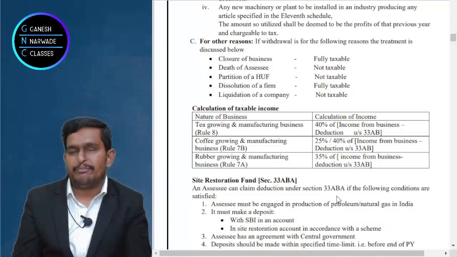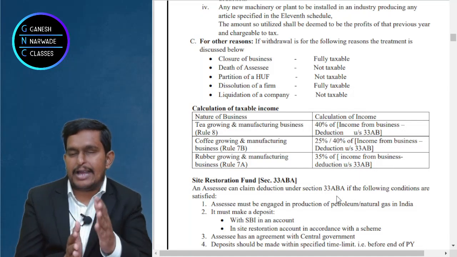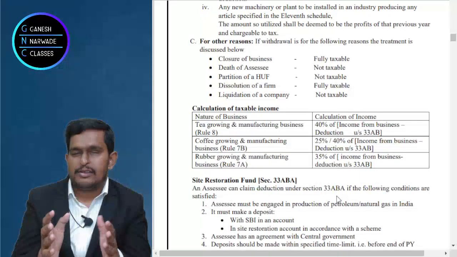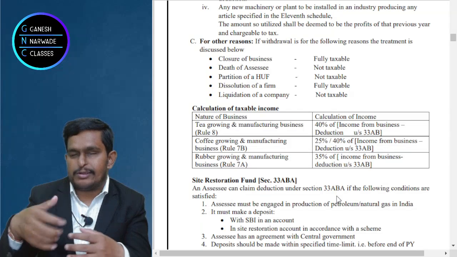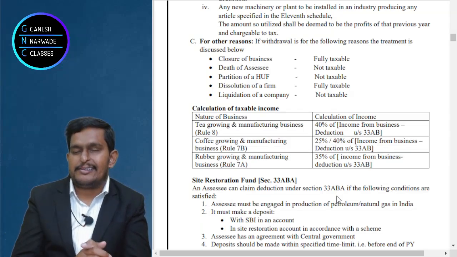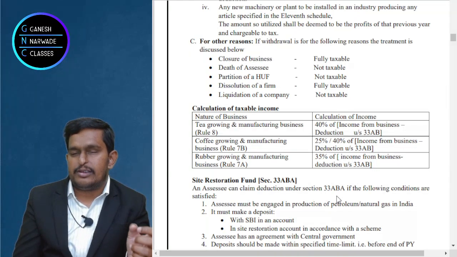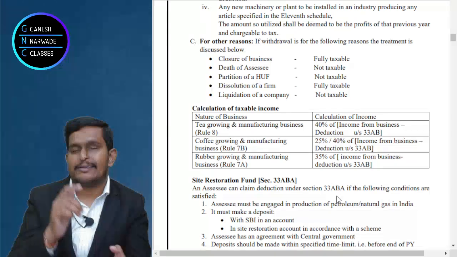Some businesses are connected with agriculture: part of the income is agriculture income, part of the income is business income. Here farming is also done, and in the factories some processing is also done. That's why they said in case of tea 60% agriculture, 40% business. In case of coffee grown and cured, 25% business, 75% agriculture.